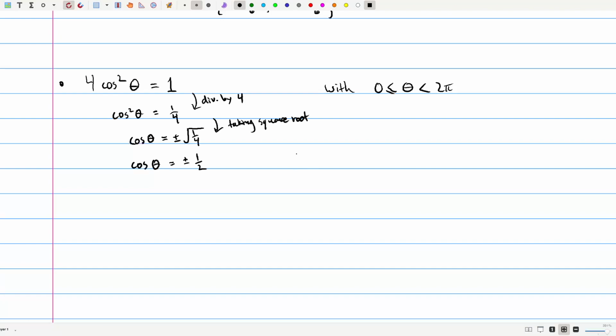So the situation is very similar. We've isolated the trigonometric function, and now we want to plot that function to try to figure out how many solutions there are and try to figure out where they are. So here is cosine, goes up to 2 pi, between 1 and minus 1.